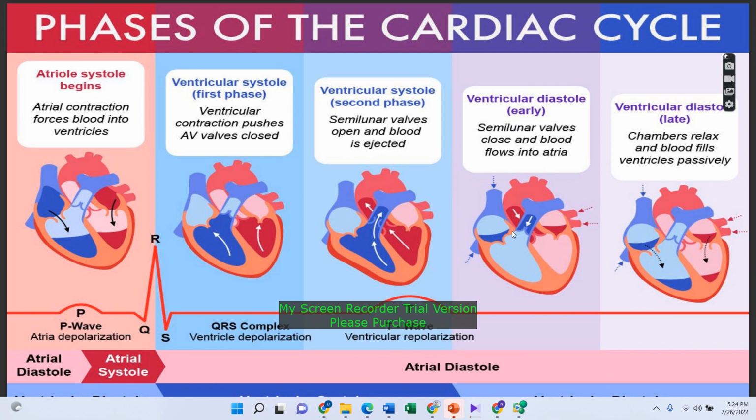Ventricular diastole. What happens in ventricular diastole is the semilunar valves close and blood flows into the atria.